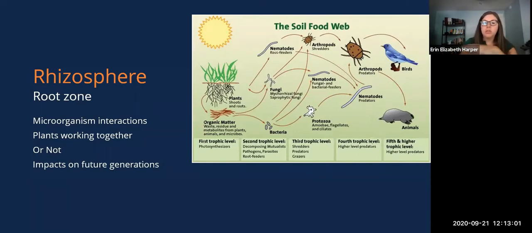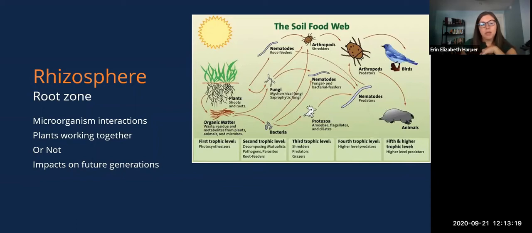They will switch the chemicals that they're producing to produce a chemical to make the aphid go away, instead of putting that energy into producing a seed or a fruit or continuing to grow. It kind of transfers its energy to fight the thing that is attacking it.